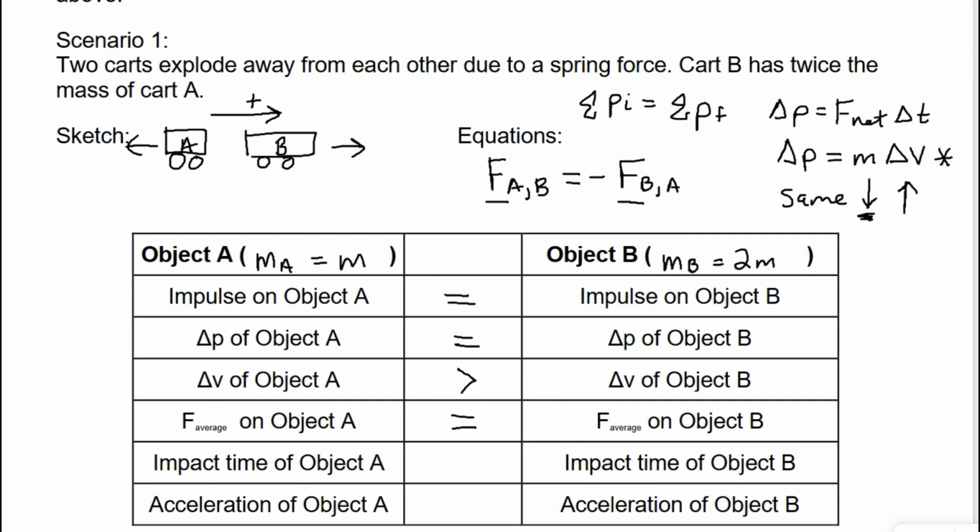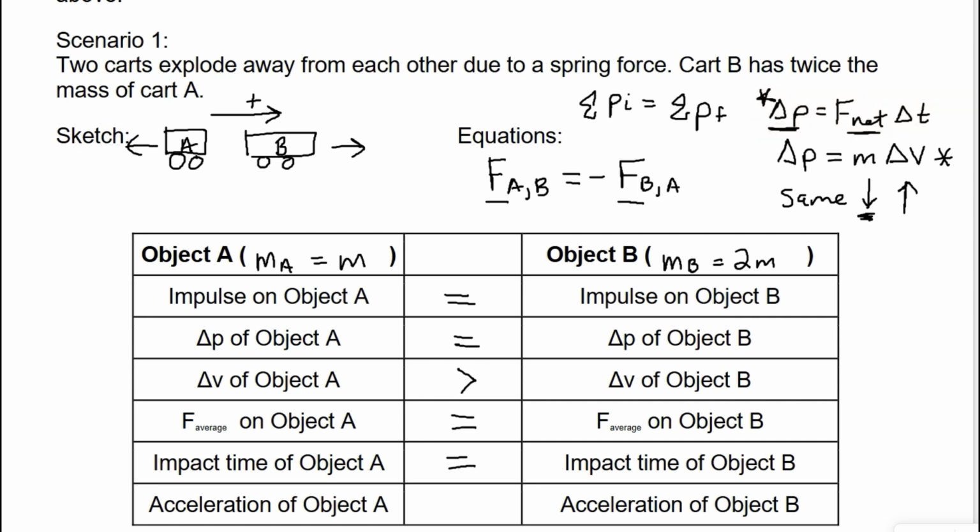Now we can make a connection between our impulse and our forces using our net force times change in time equation. The two components or the two objects touched each other for the same amount of time. Another way to think about this is if the impulse is the same and the net force is the same, well then the change in time also has to be the same.